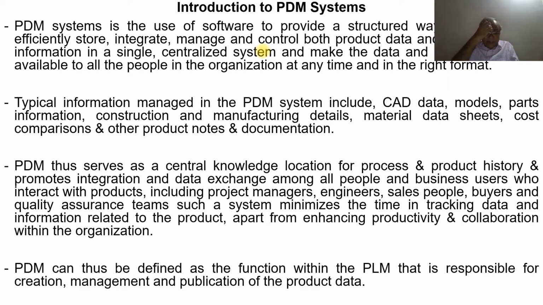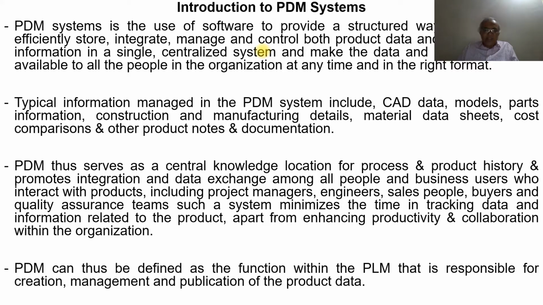So that means everybody is integrated to a centralized location, and the data and information is available to all the people in the organization at any time and in the right format.